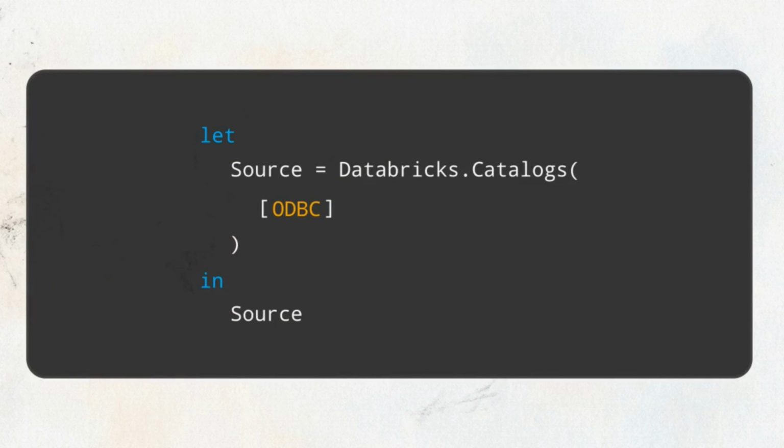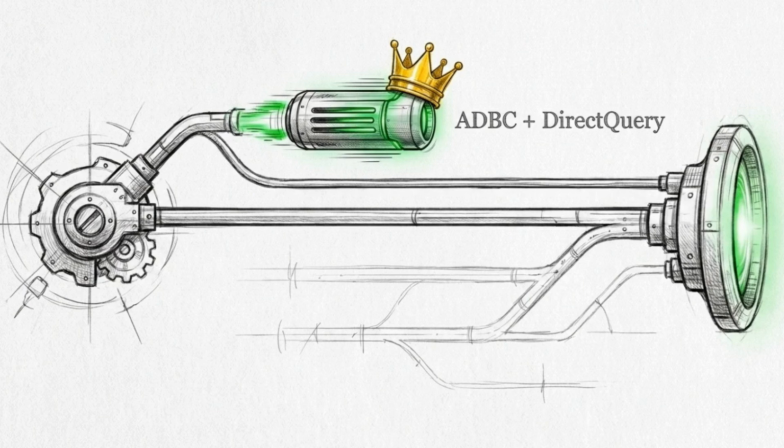Existing ODBC connections won't upgrade automatically. You must open the Power BI Advanced Editor and manually update the implementation to version 2.0 to capture these efficiency gains. Direct query, paired with the ADBC driver, is the required architecture if you want high-performance, real-time analytics without maintaining duplicated semantic models.